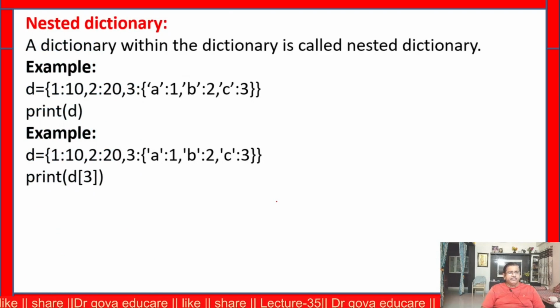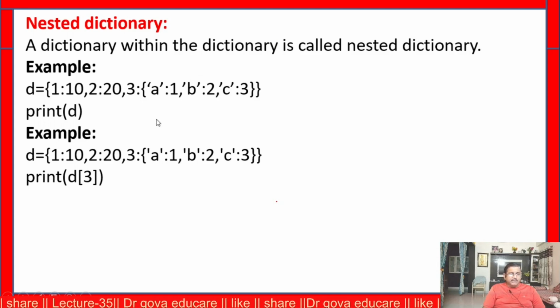Nested dictionary. A dictionary within a dictionary is called a nested dictionary. For example, this is the dictionary. 1 is a key, 20 is a value. 2 is a key, 30 is a value. 3 is a key, the value is again a dictionary. Within the entire dictionary there is another dictionary.